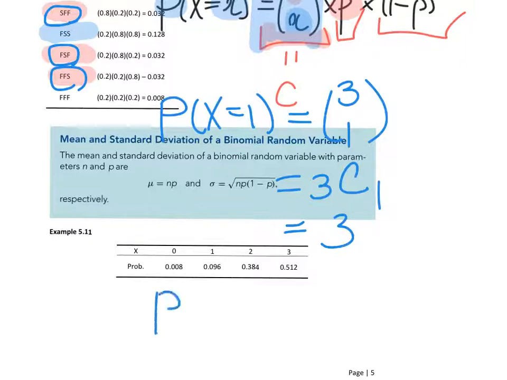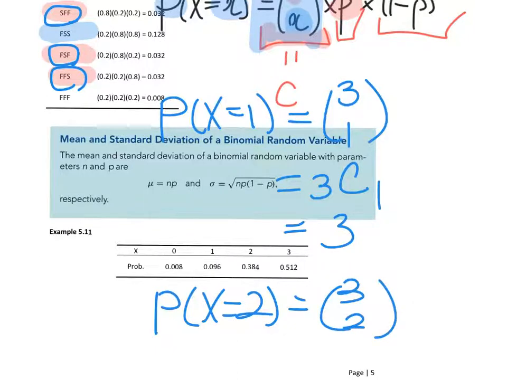How about x equal 2? 2 successes. So it should be 3 and 2, or 3C2, try it. How many will it be? I expect 3. Am I correct? 3?